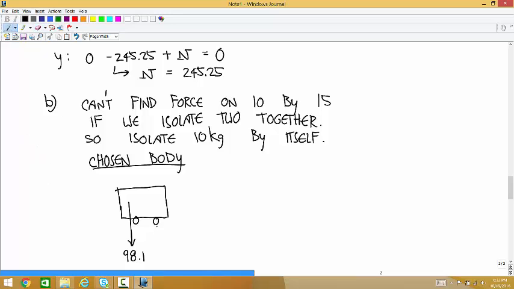We have a pushing contact from the ground that's acting up. That's not the same as what I called N before. I'll just give it a different name, N sub 10. It is a normal force, but it's a different one. It's not the whole thing. And then we have the 50 Newton force that's applied on the left.